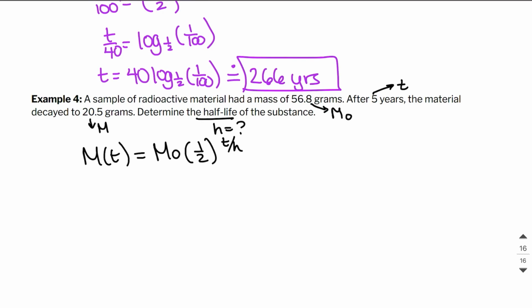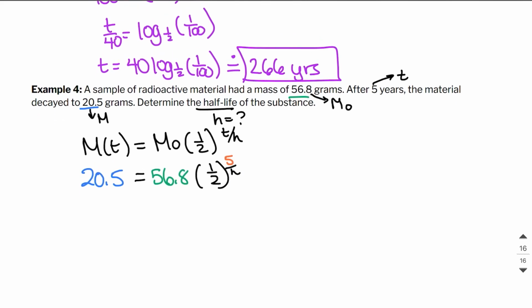Okay, so I'm going to sub in all the information here. So I know that m is going to be 20.5. I know that m sub 0, the initial amount, is going to be 56.8. This is going to be multiplied by 1/2 to the power of 5, and it's 5 because I know that the t is 5 over h.